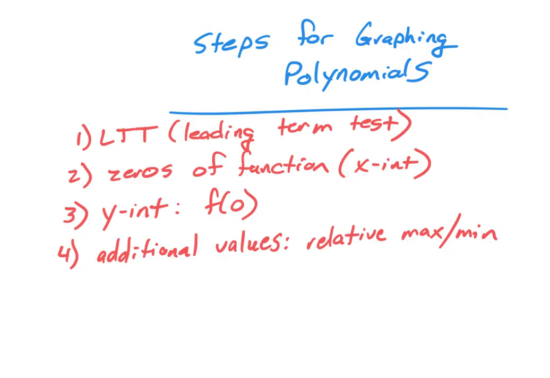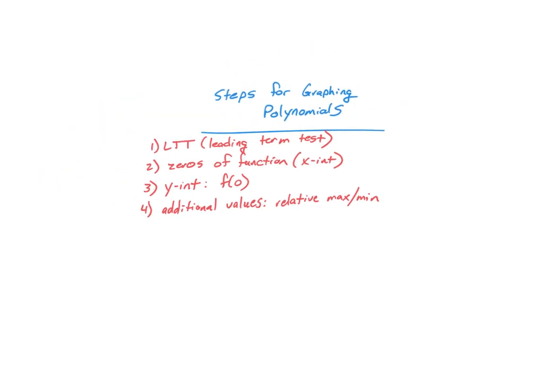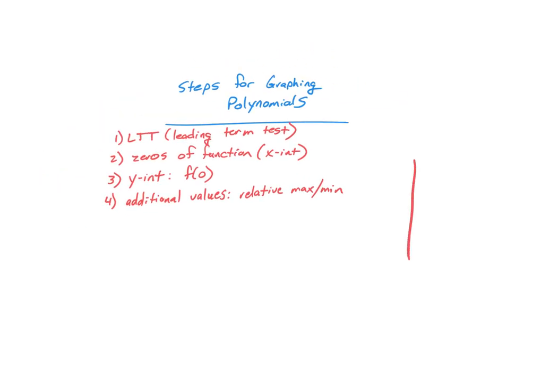If we're doing a relative min and max, especially if it was a cubic function, then we might have a graph that looks like this. This right here would be the minimum. This right here would be the relative maximum. So those would be a couple of key points that we would want to get, like where is it changing or turning directions.